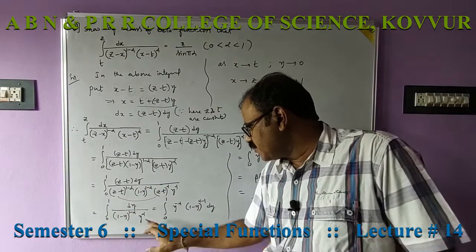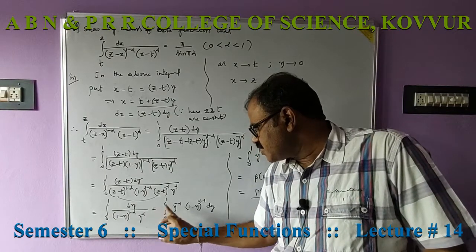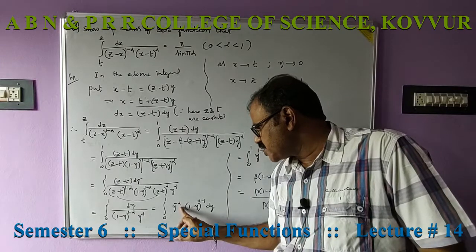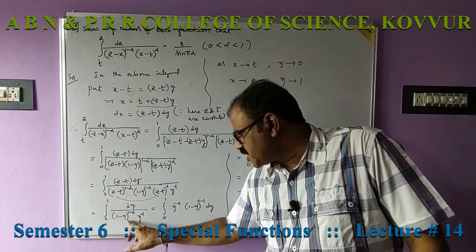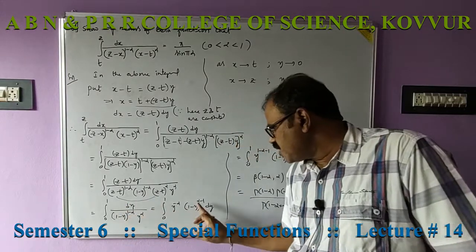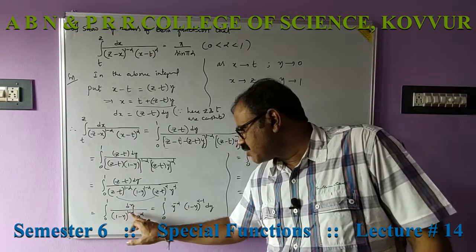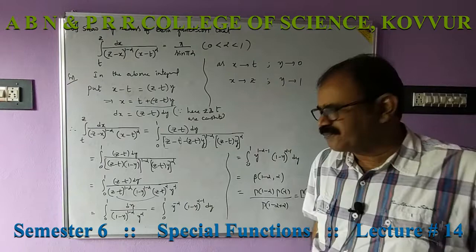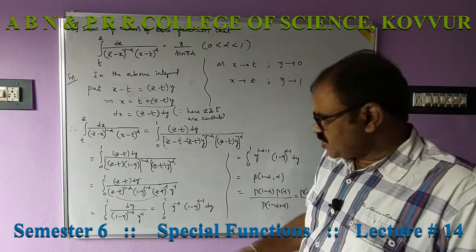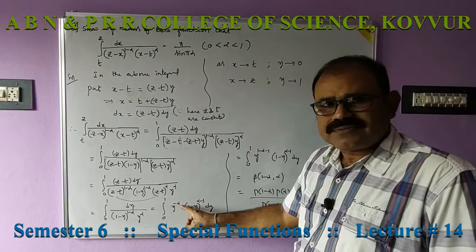Integral 0 to 1, y power alpha, as it comes to the numerator, is y power minus alpha. This is (1 minus y) to the power of 1 minus alpha, and if it comes into the numerator, that will be (1 minus y) to the power of alpha minus 1, dy. So comparing with the standard beta function, you should have something minus 1.